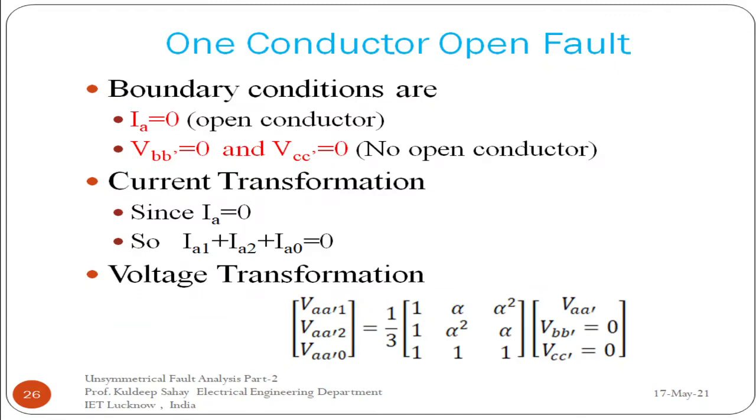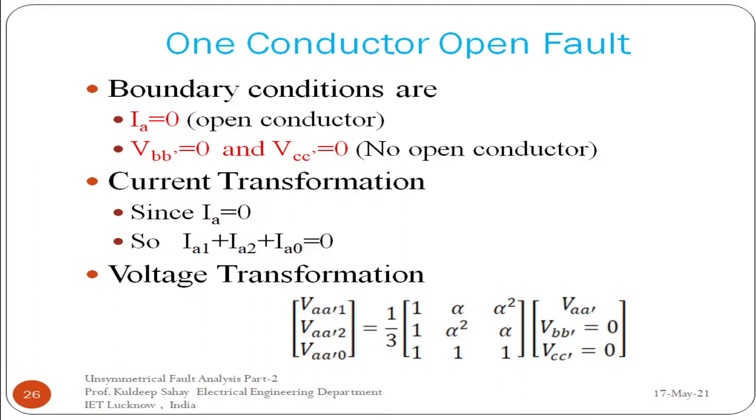So now you know the boundary condition. The value of IA is 0 because that conductor has been disconnected, or the opening has been done.